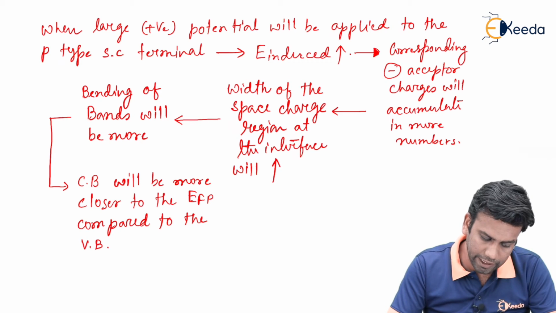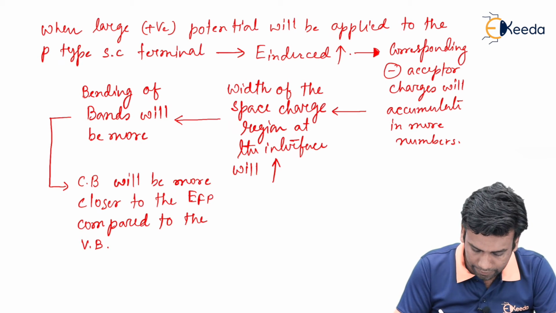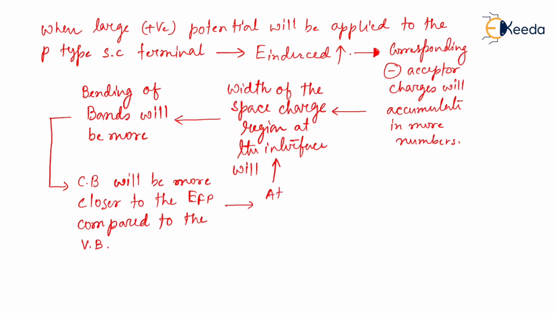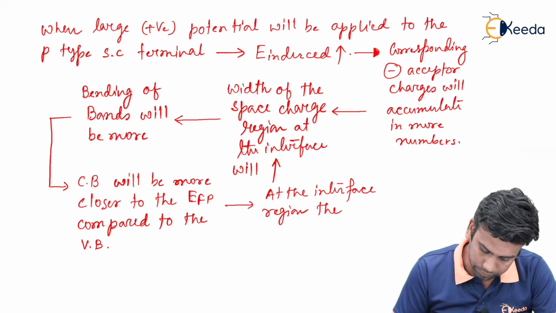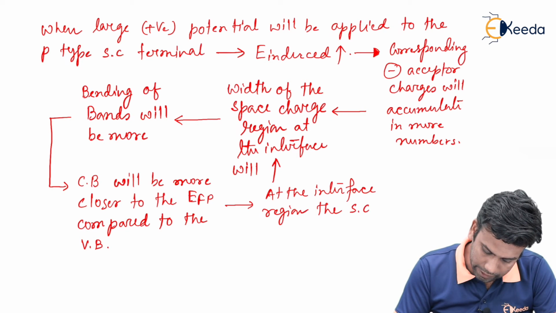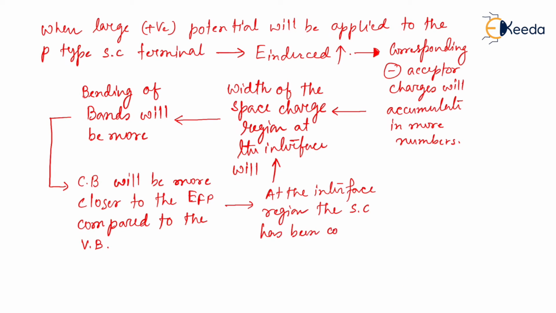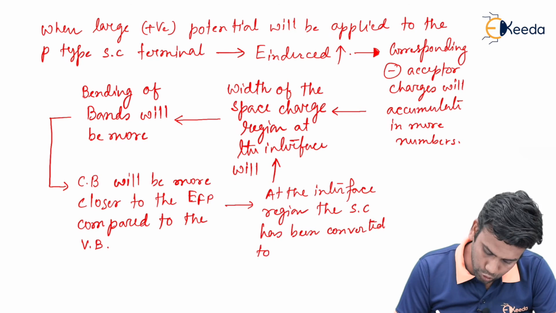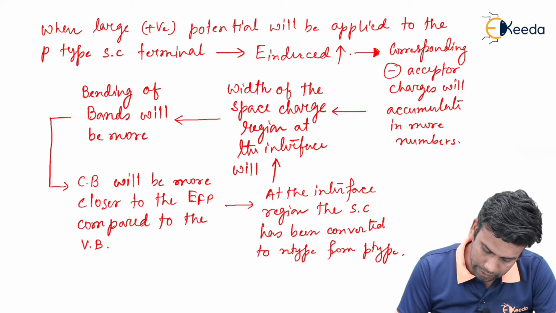That means we can say that at the interface region, the semiconductor has been converted to N type from P type.